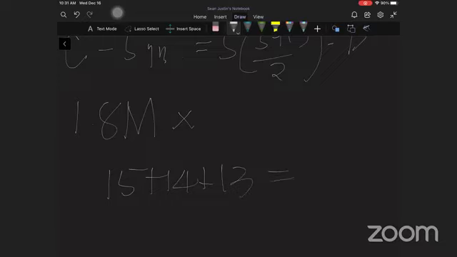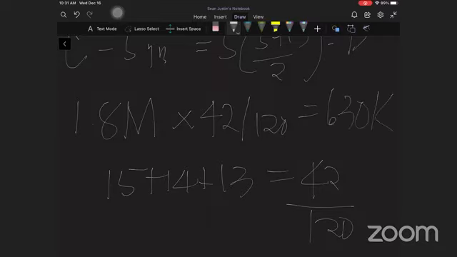That's the 3 years. 15 plus 14 plus 13, that is 42. Divide 120, that is your accumulated depreciation. Times 42, divide 120. The answer is 630,000. Okay, di ba sayon ra? Di ba sayon ra siya?